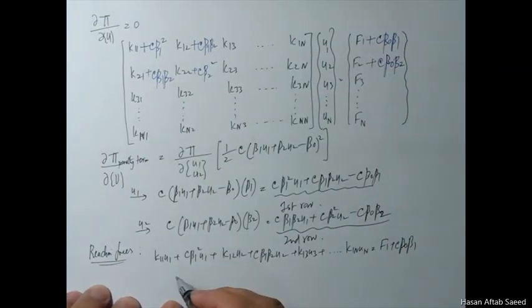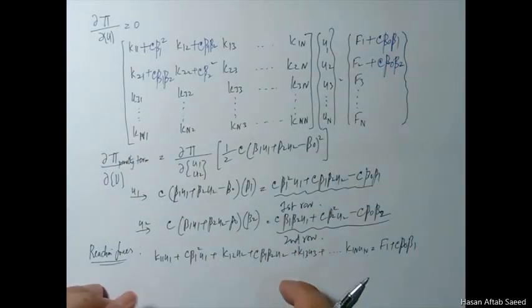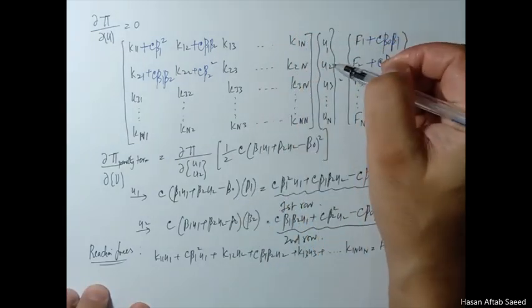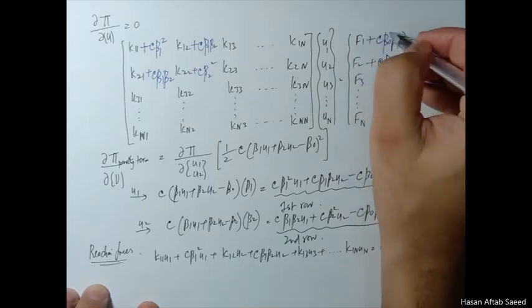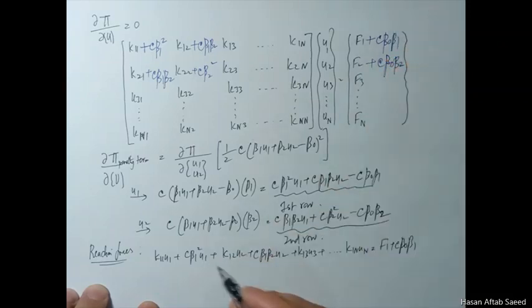The second equation, because these are the only two equations where we need to find the reaction forces. These u1 and u2 are the boundary conditions actually applied here, so you need to find the reaction forces for these.